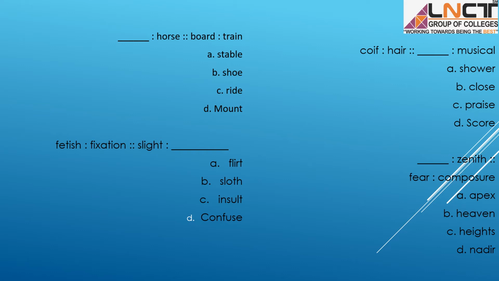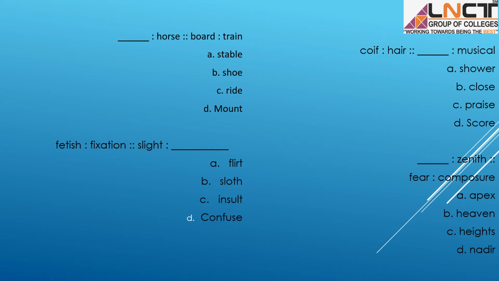Shoe is that small strip of steel that is attached to a horse's foot in order to give it better footing. Ride is the act of mounting and going from point A to point B on a horse. So the right option over here is mount. So you can mount a horse, that is, get on a horse, and that is similar to boarding a train, which means you can get on a train.